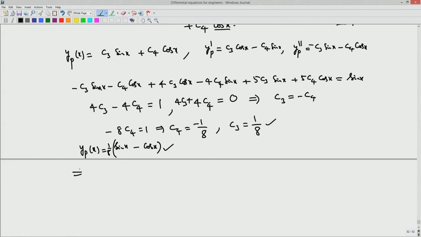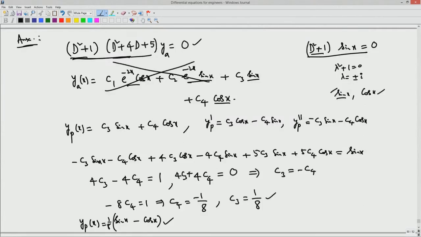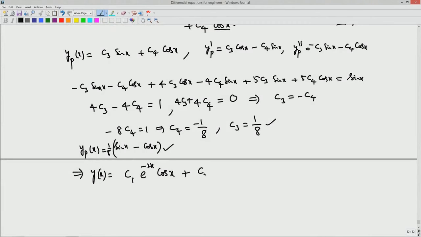So, that implies the general solution, which you already know, C1 e power minus 2x cos x plus C2 e power minus 2x sin x, plus this particular solution. This is the general solution of the homogeneous equation plus the particular solution, 1 by 8 times (sin x minus cos x).